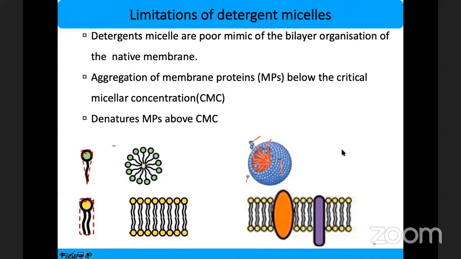But as I said, there are limitations of detergents. They are a poor replica of the lipid vesicle system, and they form aggregates below the critical micellar concentration. As such, they denature the protein, and it cannot be used for further downstream experiments.